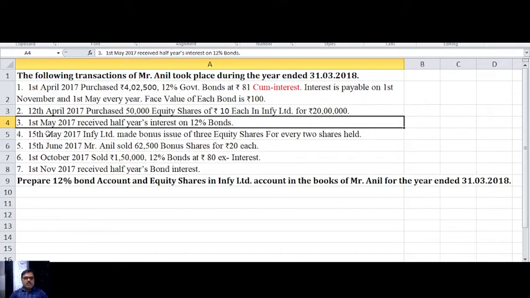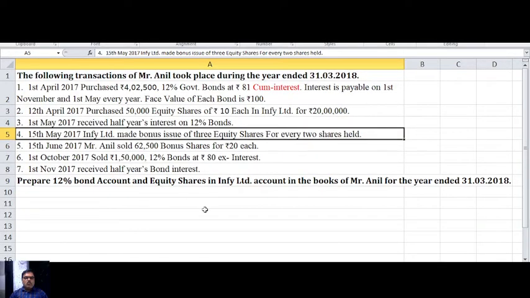Next. On 15th May 2017, Infi Limited made bonus issue of 3 equity shares for every 2 shares held. Now remember here that ratio is very important. For every 2 shares, Infi Limited is going to give 3 equity shares. Very good.